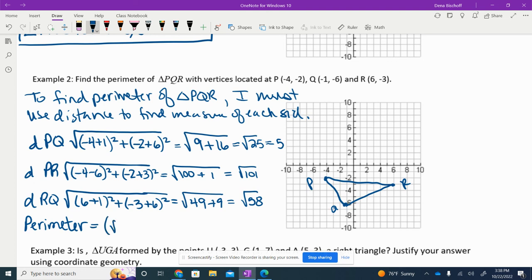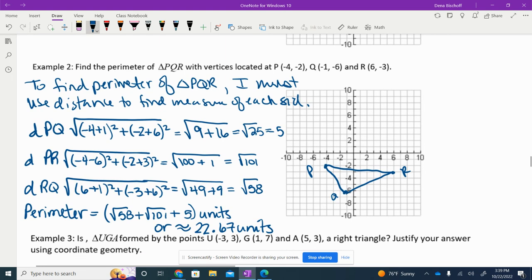So it's the square root of 58 plus the square root of 101 plus 5 units, or that is about, let's see, the square root of 58 using a calculator plus the square root of 101 plus 5 is about 22.67 units.